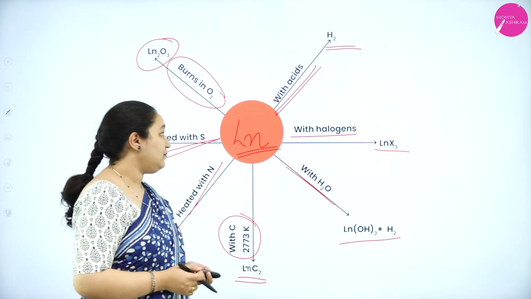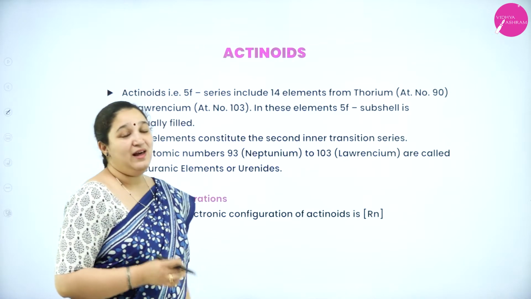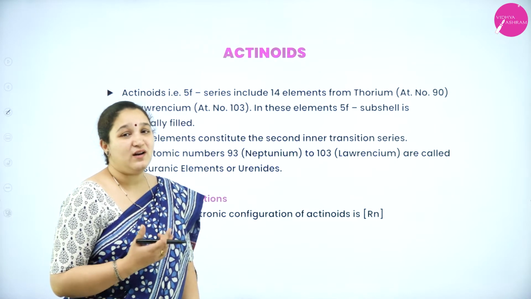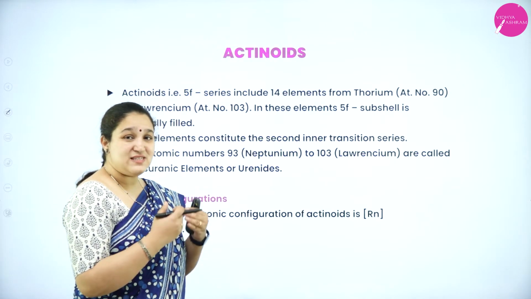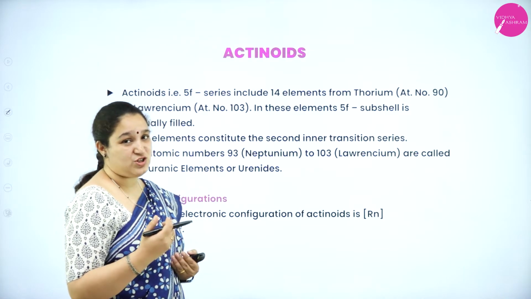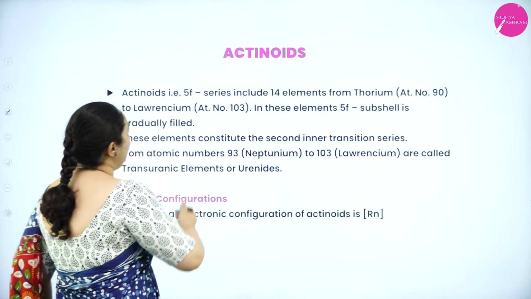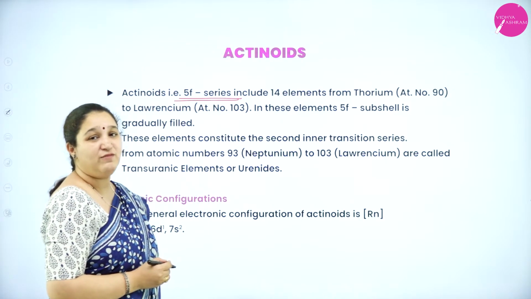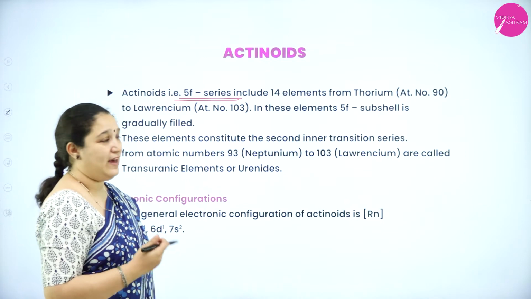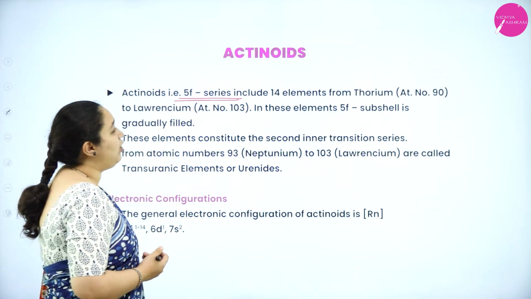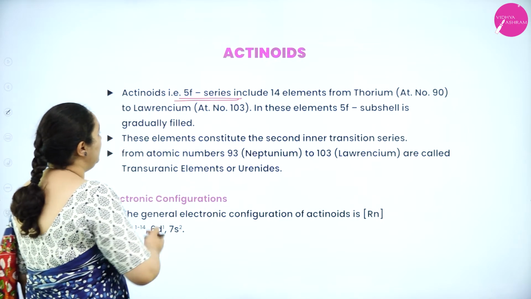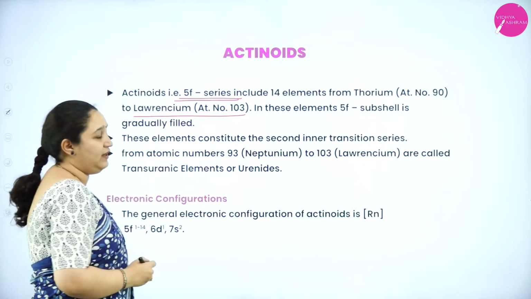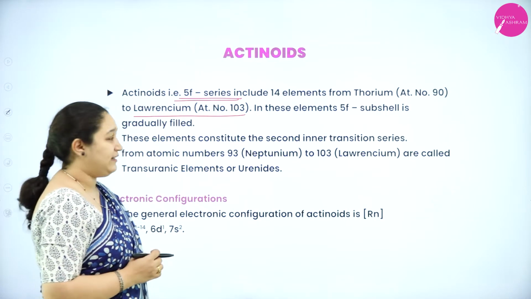Okay. Next is about the actinoids. So what are actinoids? It is the second inner transition series. They have 14 elements and these elements are filling up the 5f orbital. From atomic number 90, that is thorium, to lawrencium 103, they are called actinoids.